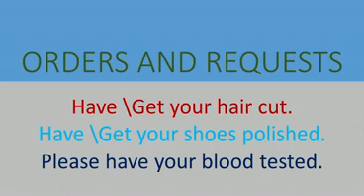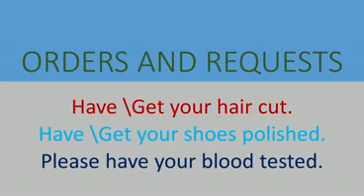Have your shoes polished or get your shoes polished. Please have your blood tested. That means go to a lab and get your blood tested. Your hair is very long, so please have your hair cut. Your shoes are dirty. Get your shoes polished. So these are orders, and we can use this structure for these kinds of orders also.